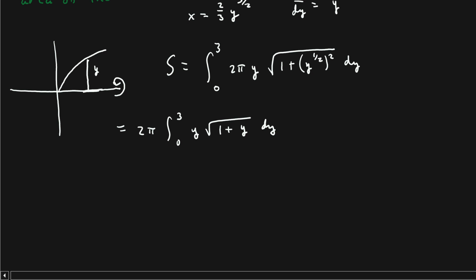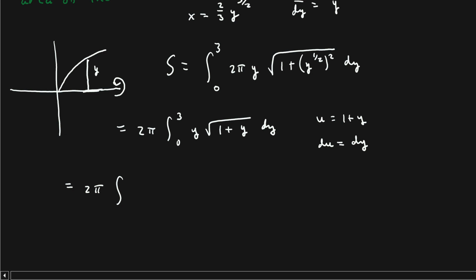All right, so now do we remember how to integrate this thing? We're going to let u equal 1 plus y. du is dy. And so this is going to be 2 pi integral. So the 1 plus y gets replaced with u, and the dy is going to be replaced with du.